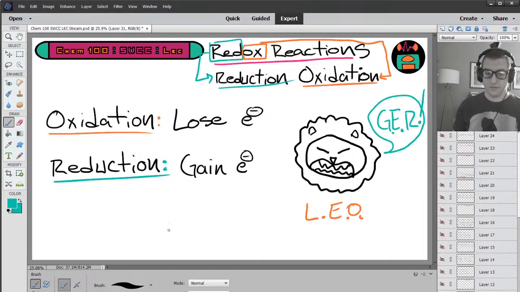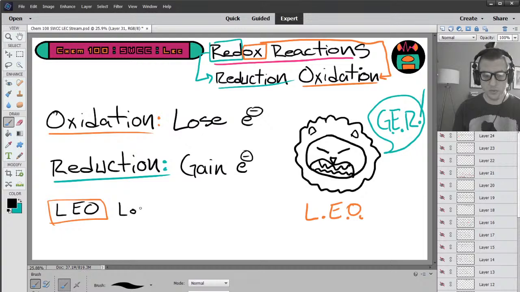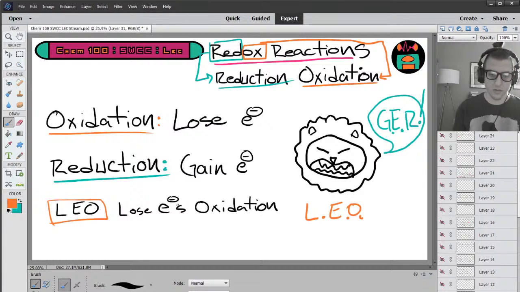Leo is an acronym that is: lose electrons, oxidation. Lose electrons equals oxidation.